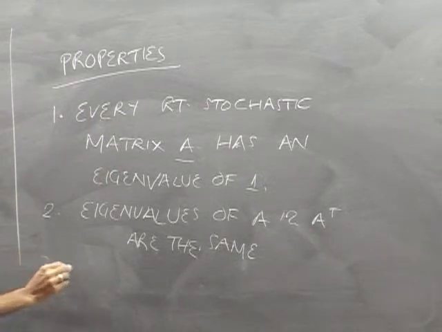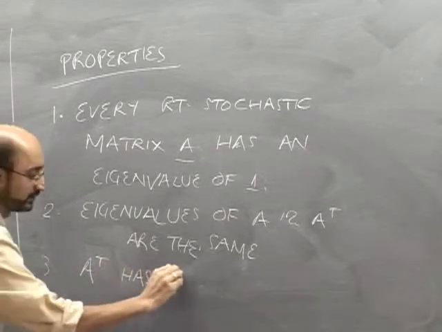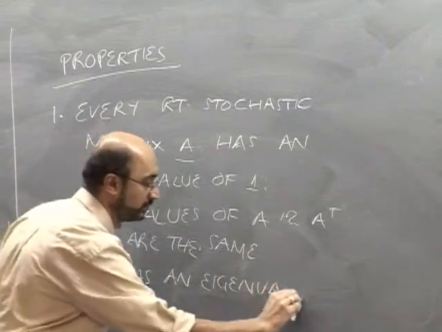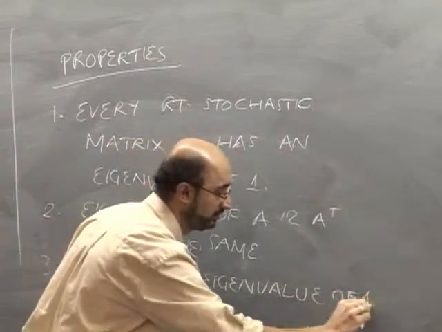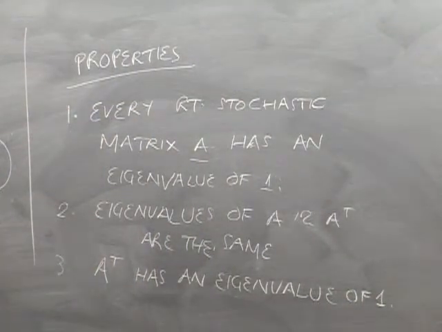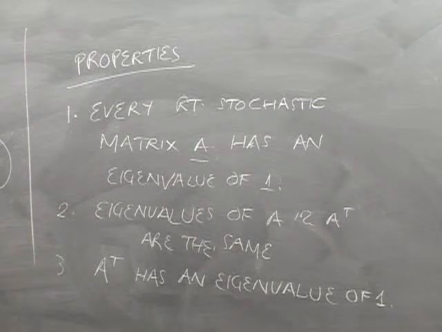So this means that A transpose has an eigenvalue of 1. Okay? Just because of this fact over here. All right, so now we established that both A, stochastic matrix A, and its transpose both have an eigenvalue of 1. I've showed you what the eigenvector for A is. I haven't showed you what the eigenvector for A transpose is, and we'll come to that in just a moment. Okay? Any questions about this so far?